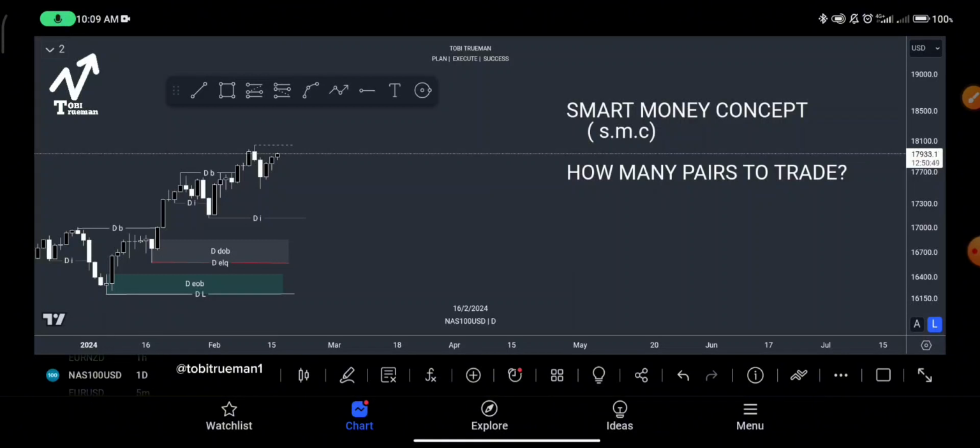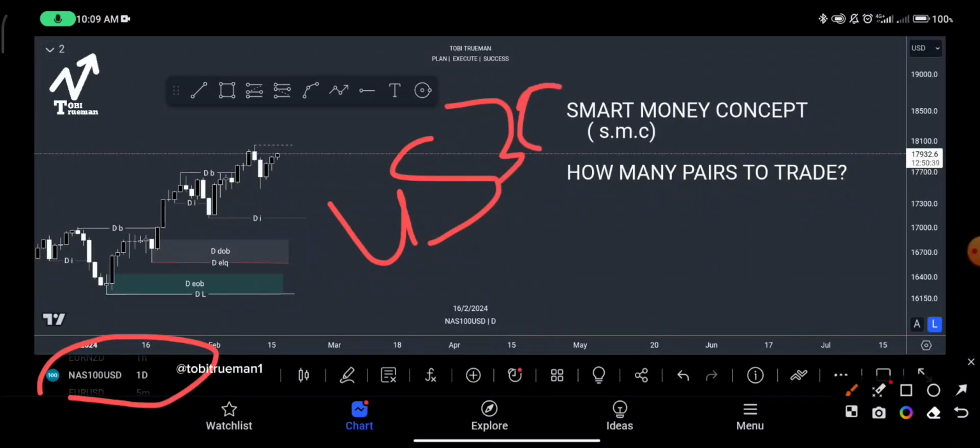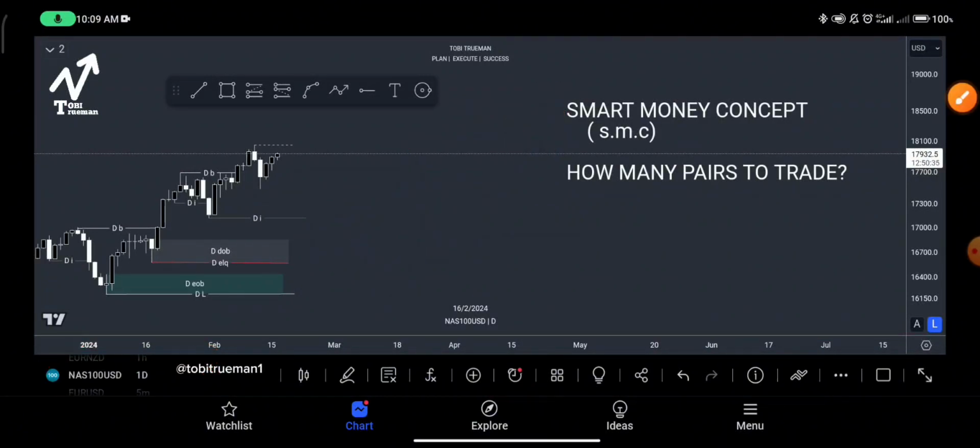There are some people whose strategy only works with, for example, NAS 100. There are some people whose strategy only works with US 30. You have heard people say, I only trade US 30. That is what their strategy works with. Probably they are juggling between different time frames to look for their particular strategy, or they stick entirely with that particular pair.